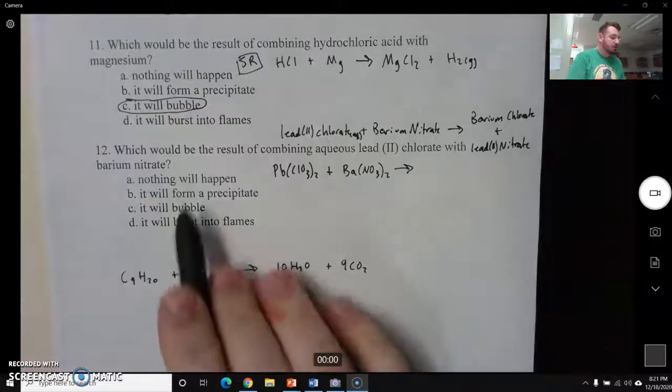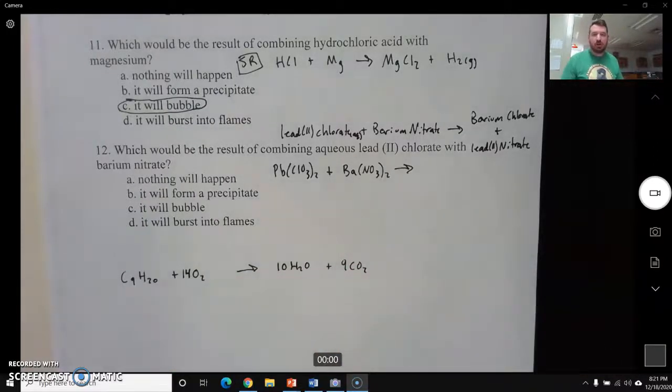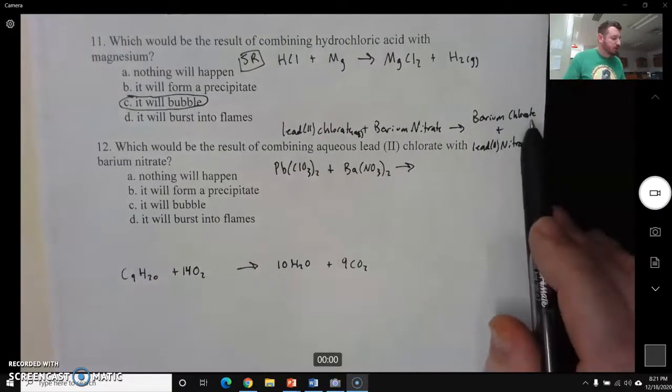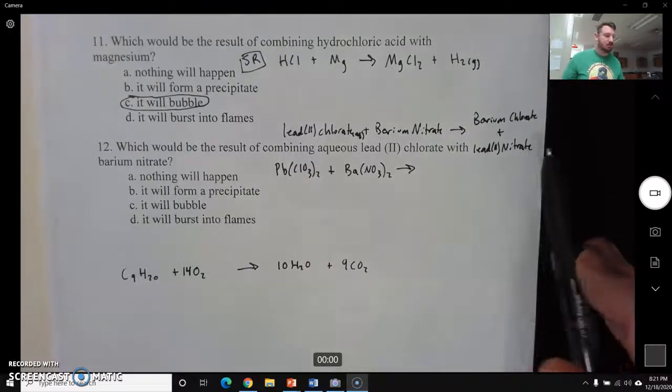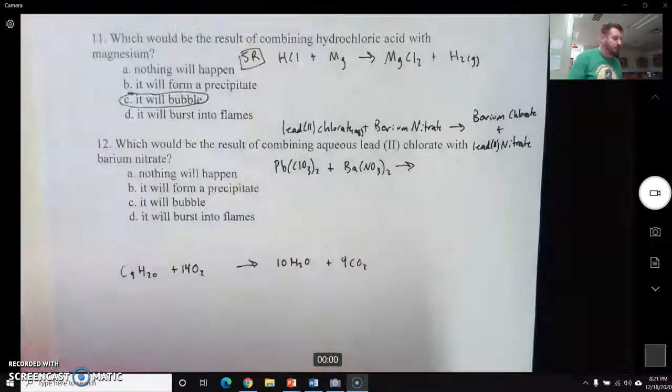In order to answer this question, we actually don't need the balanced chemical formula. I will do that anyway, just so you can check your work. But we want to look up these two compounds, barium chlorate and lead nitrate, and see what will happen. We want to use our solubility table since this is a double replacement reaction.